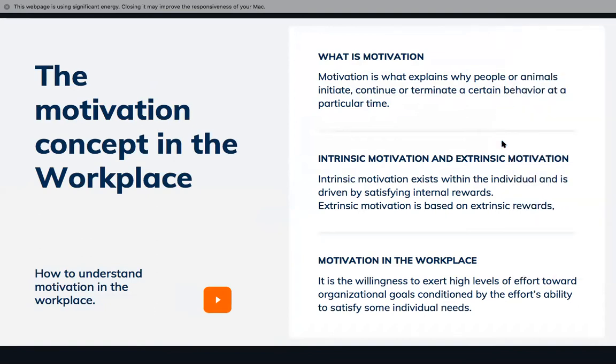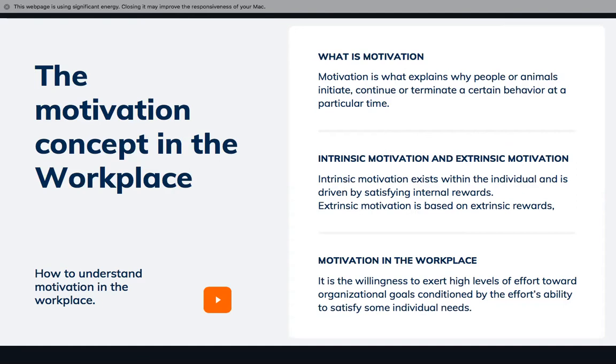There are two types of motivation, which are intrinsic motivation and extrinsic motivation. Intrinsic motivation exists within the individual and is driven by satisfying internal rewards rather than relying on external pressure or extrinsic rewards.